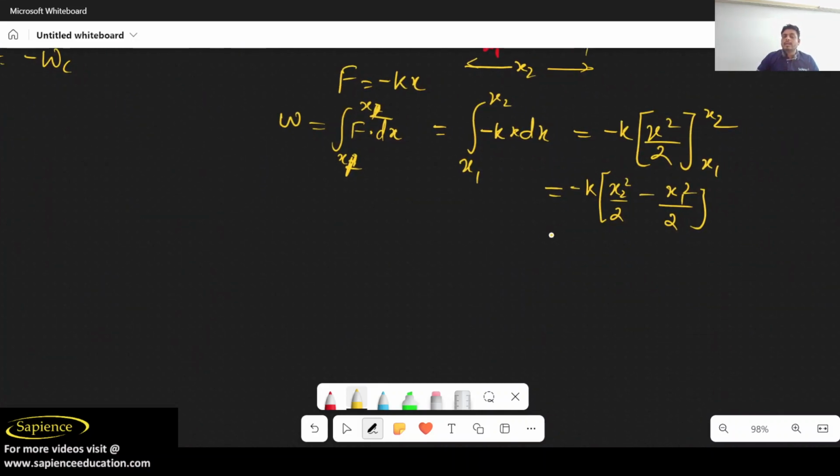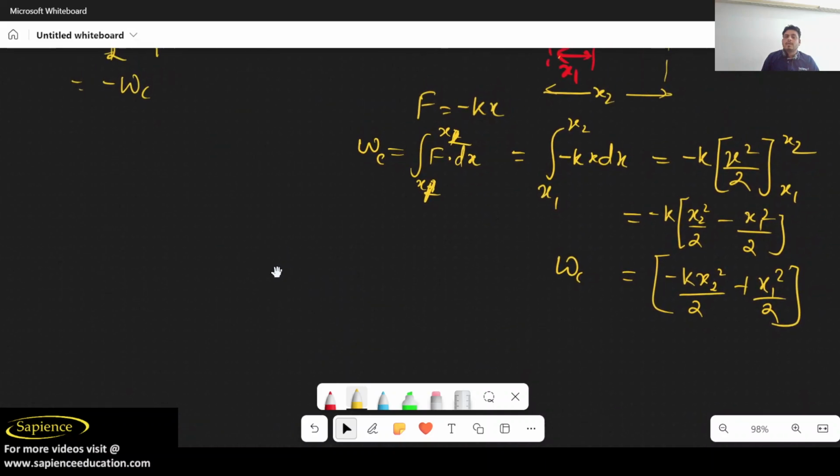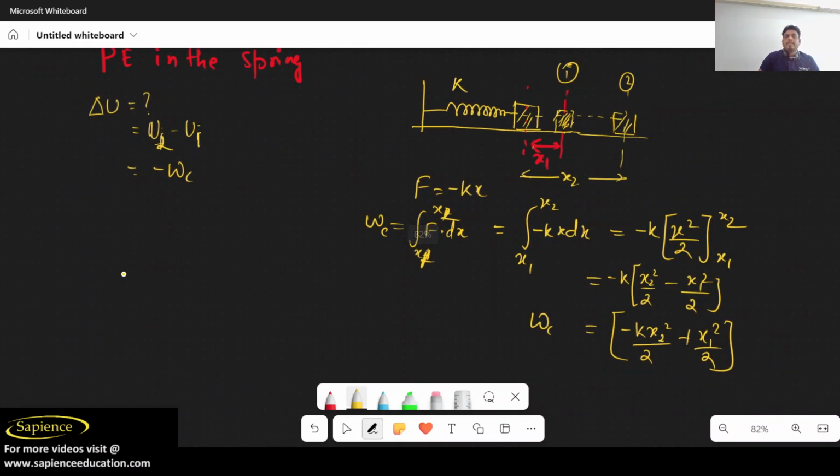So finally we are getting the work done by the spring force. Work done by the spring force is equal to minus k x2 whole square by 2 plus k x1 whole square by 2. This is the work done by the conservative force of the spring. We have already discussed that you should always write: change in potential energy is equal to the negative of work done by the conservative force.